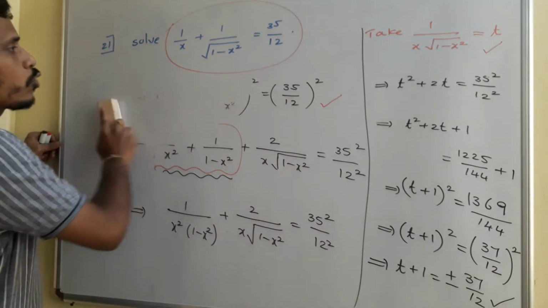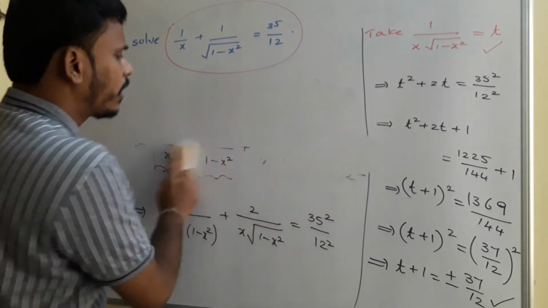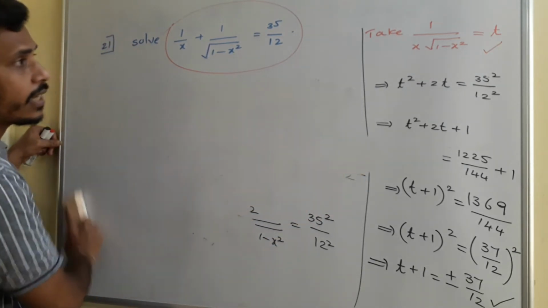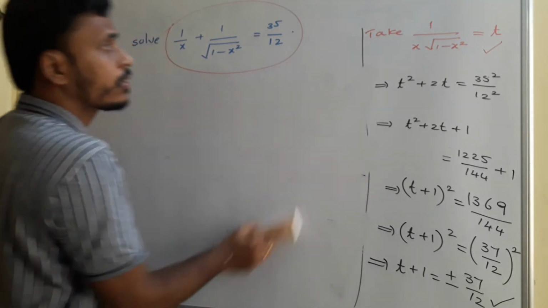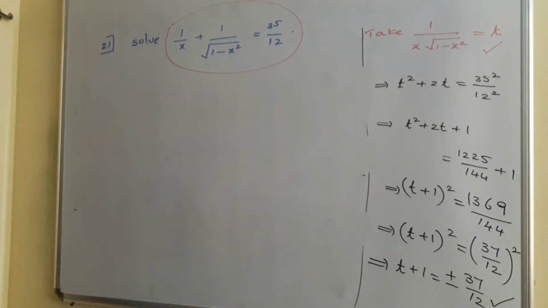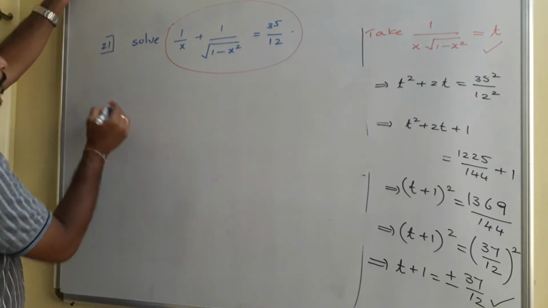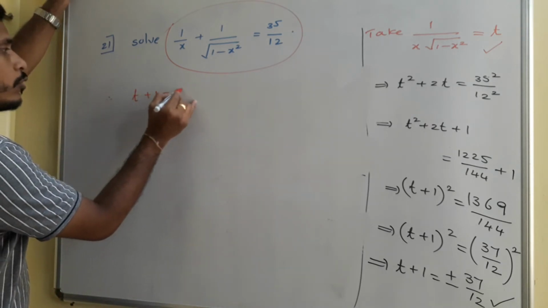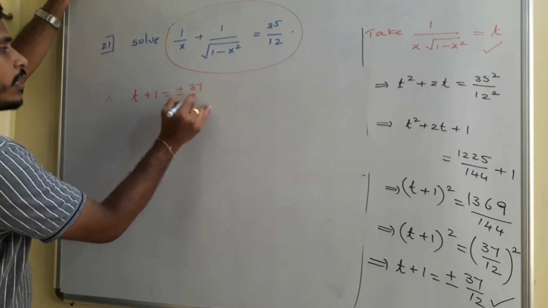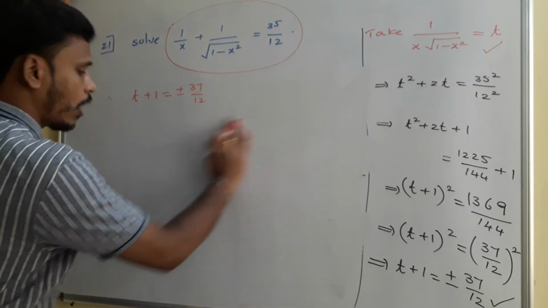How can I solve this? See, we already considered t as 1 by x into root 1 minus x square. And now t plus 1 is this part. So therefore, t plus 1 is equal to plus or minus 37 by 12. Till now it is okay.